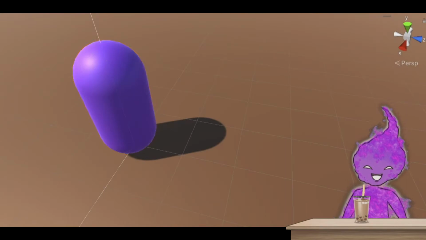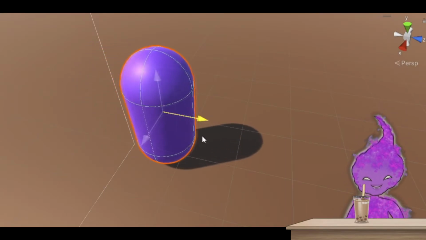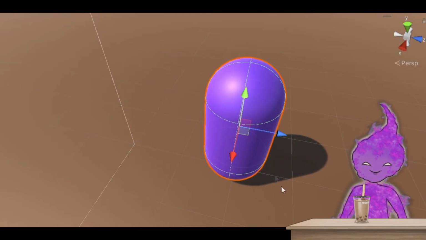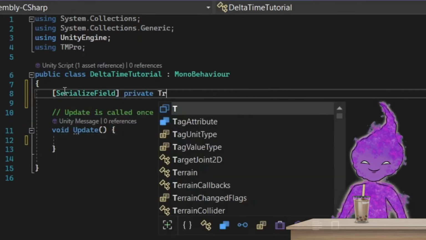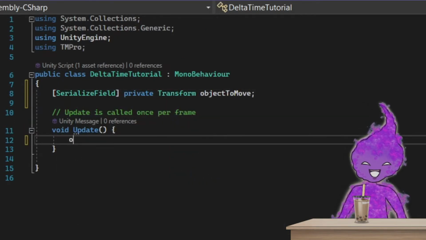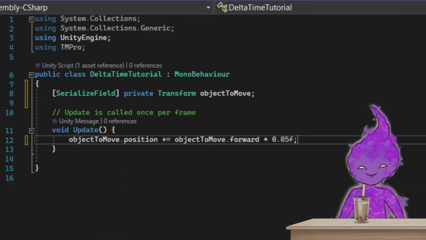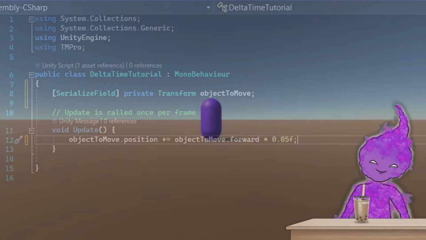To make it clear, let's visualize this. Let's say we want our character to move 2 meters forward. We can move it by adding a constant velocity value, for example 0.05 on each frame. Therefore, the character will arrive in 40 frames.